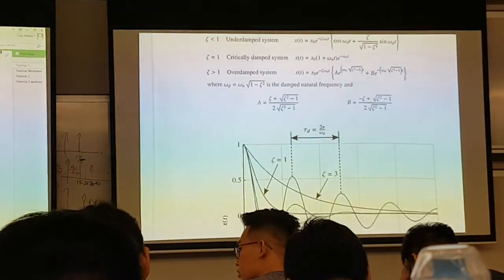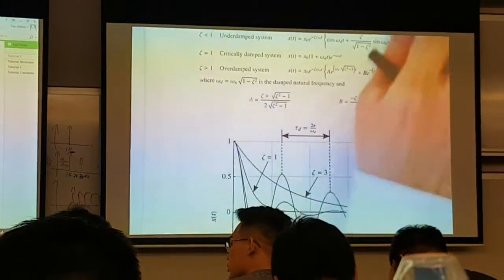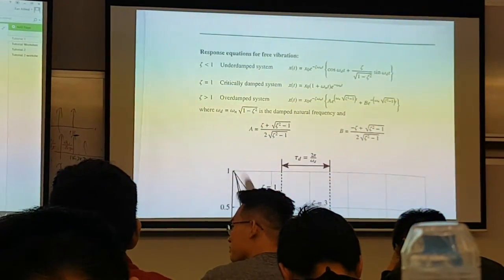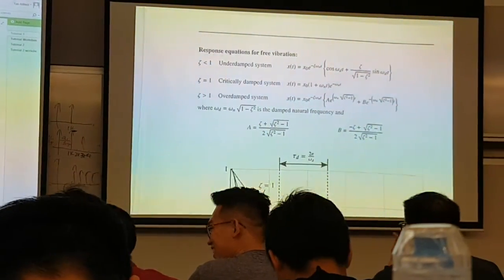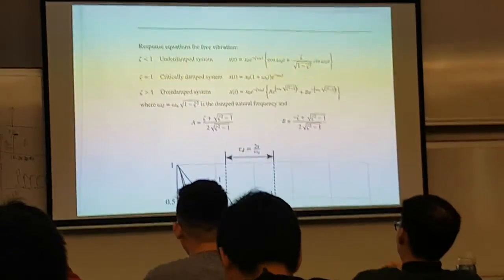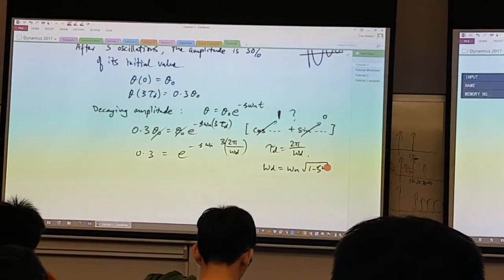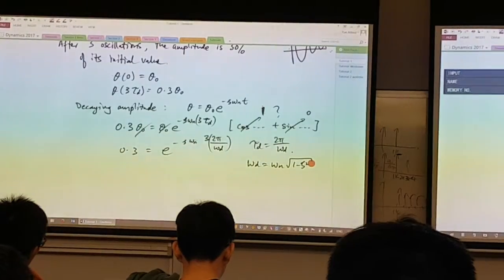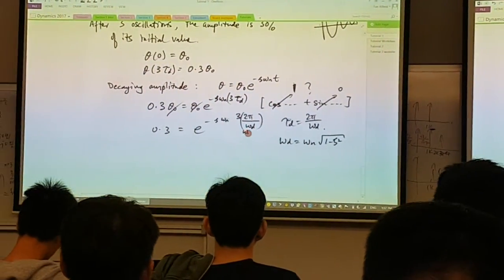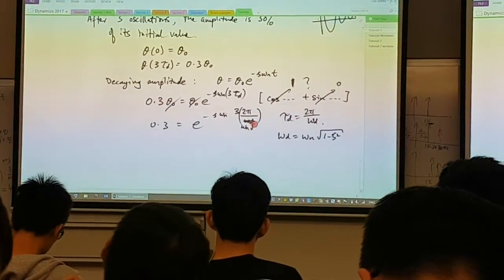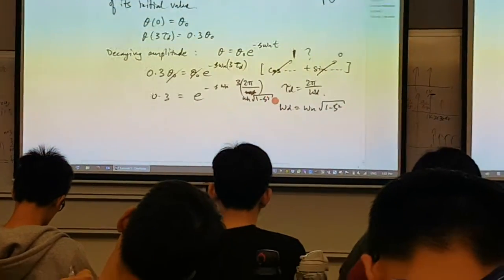So this one is for the case, response equation for free vibration is found under there. So after we have that, this part here will be omega n square root of 1 minus zeta squared.